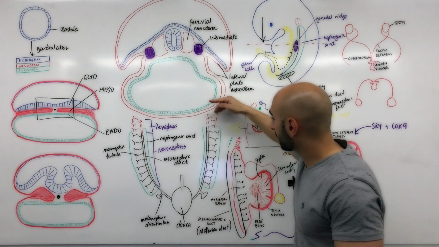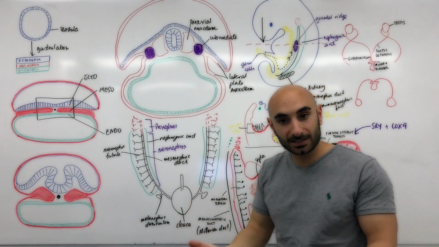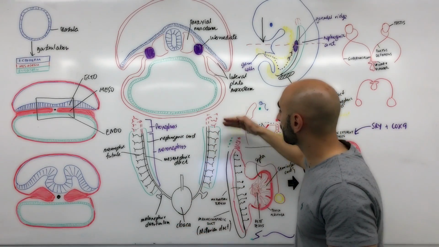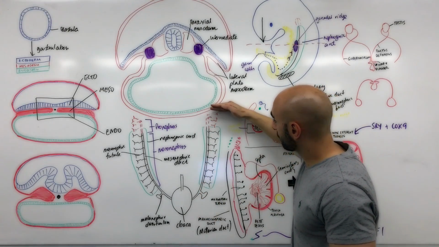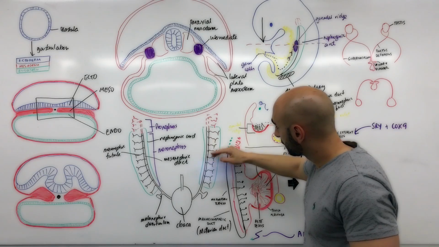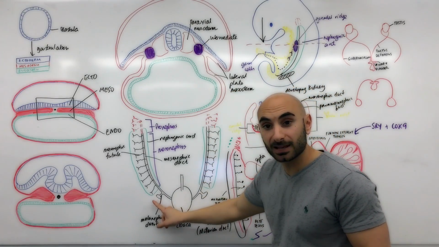So the kidneys develop, and this whole structure, which will be the kidneys and the gonads, will develop cranially to caudally. So as it grows, the top degenerates, and the adult structures are left at the bottom.